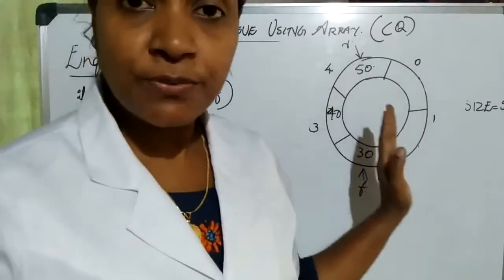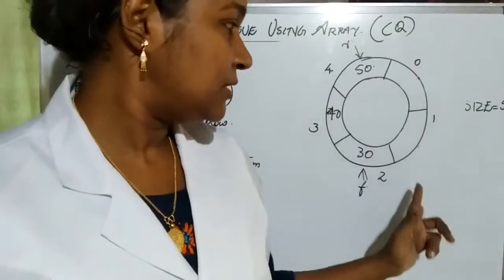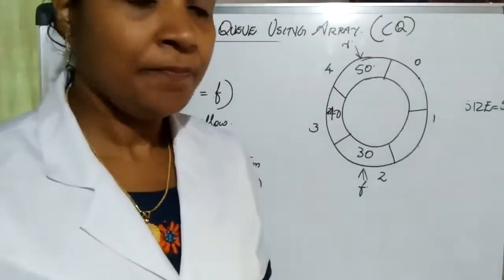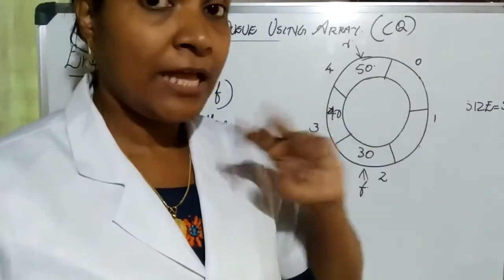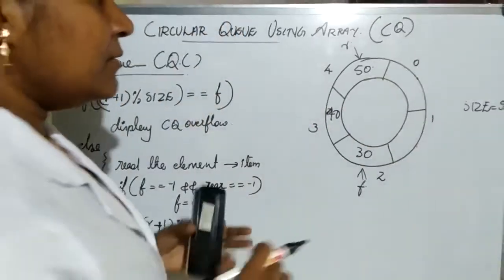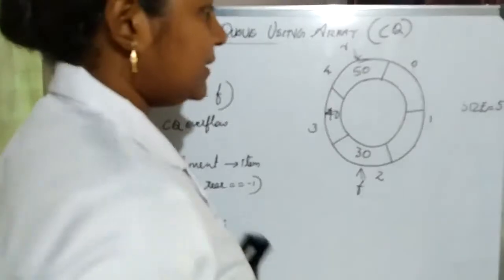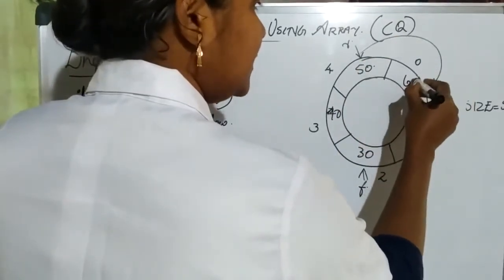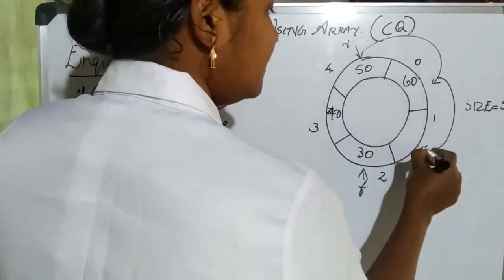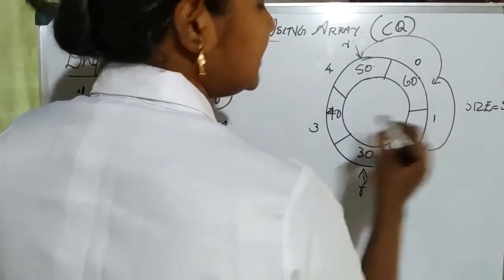And right now the queue is not full. And there are 2 positions left in order to perform NQ operation. If we wish, we can perform 2 NQ operations here. So, suppose I'm performing 2 NQ operations again. For that, I can increment the value of rear, insert element, again increment, insert the next element.